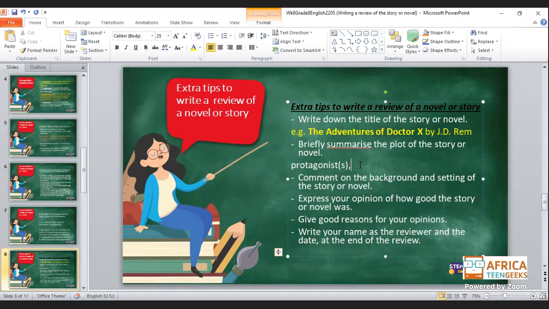You will have to say something about protagonists, antagonists, as well as the conflict and the climax.